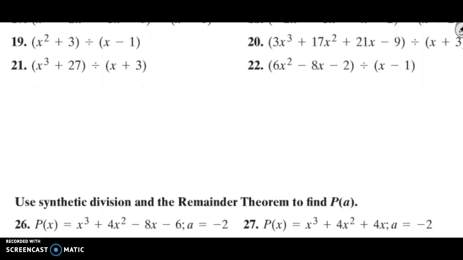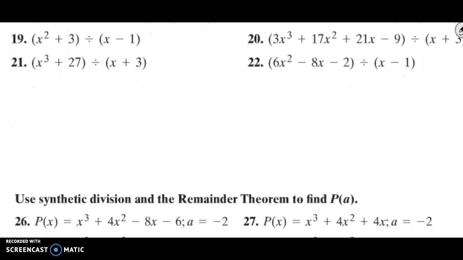Now with synthetic division, remember you have to find the zero because they are giving you that expression instead of the root. So this then becomes negative 3. And then this one I need to rewrite. So we have negative 3 on the outside, that's our divisor.